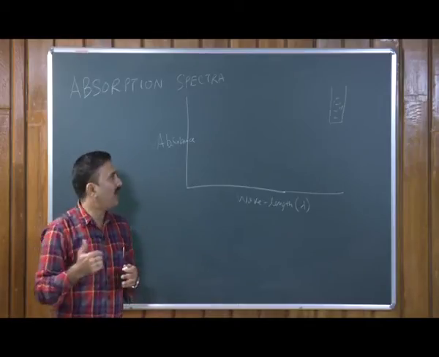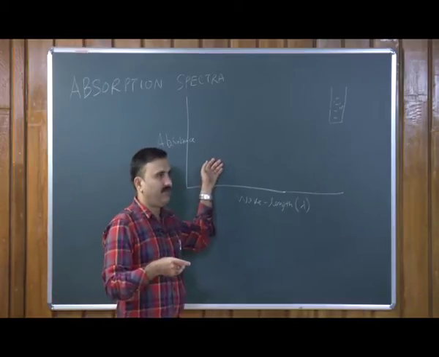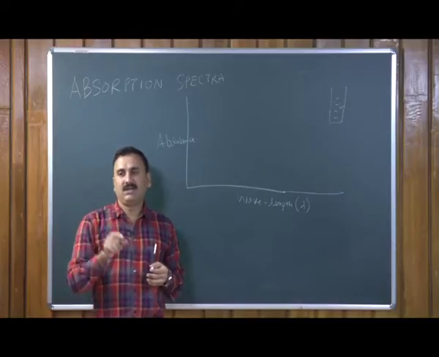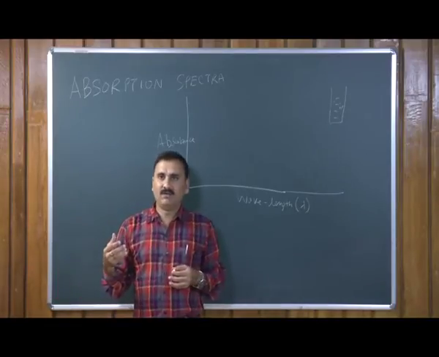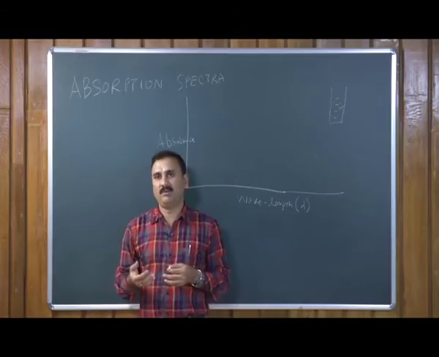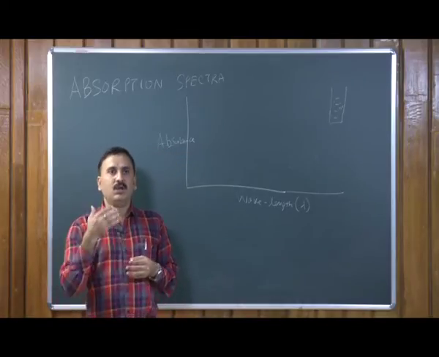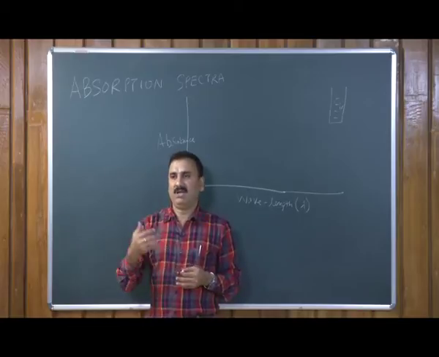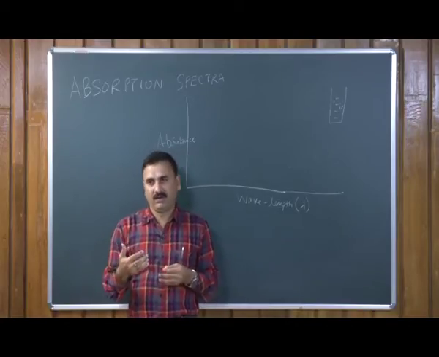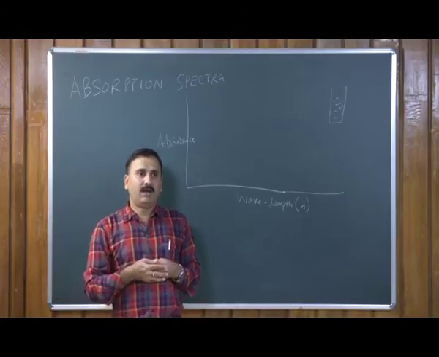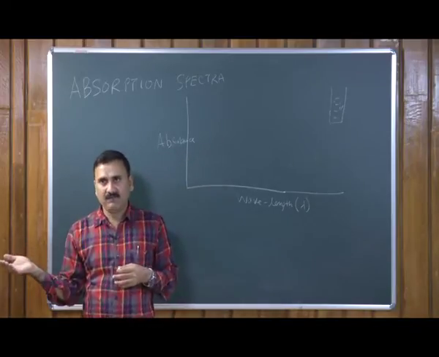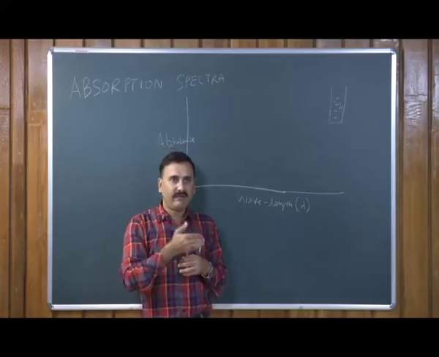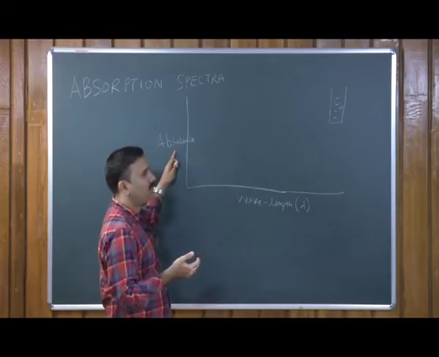So, what will happen during this kind of experiment? When you are exciting the molecules, the molecule takes up this energy, and what is there in the molecule to take up the energy? The electrons. Once the electron takes up the energy present in a particular wavelength, it goes from one energy state to another, and that is reflected in terms of absorbance.